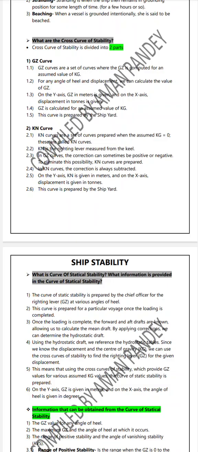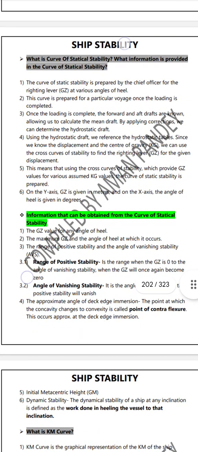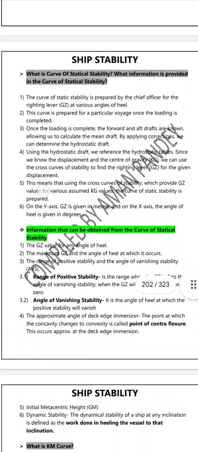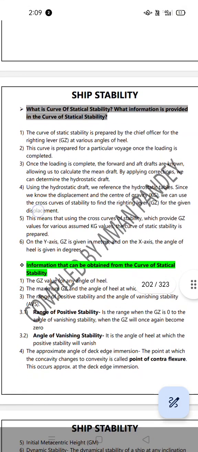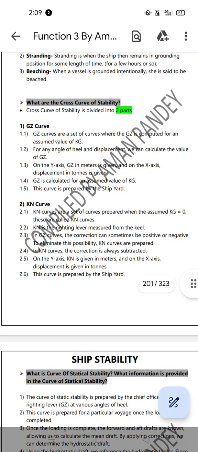For any angle we can then calculate the GZ. Now, how do we come to know positive stability? This is the GZ curve.